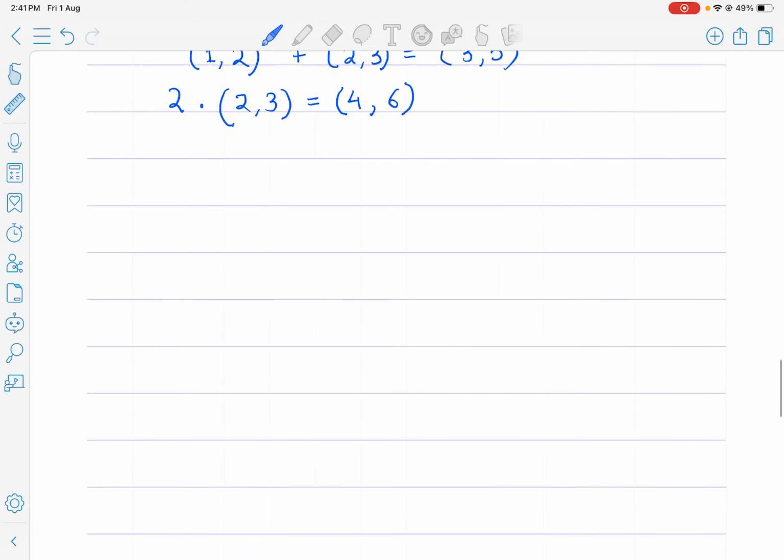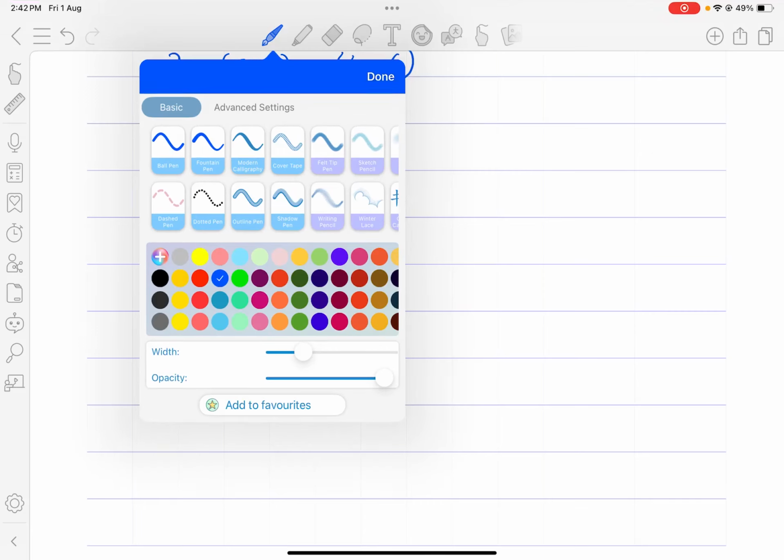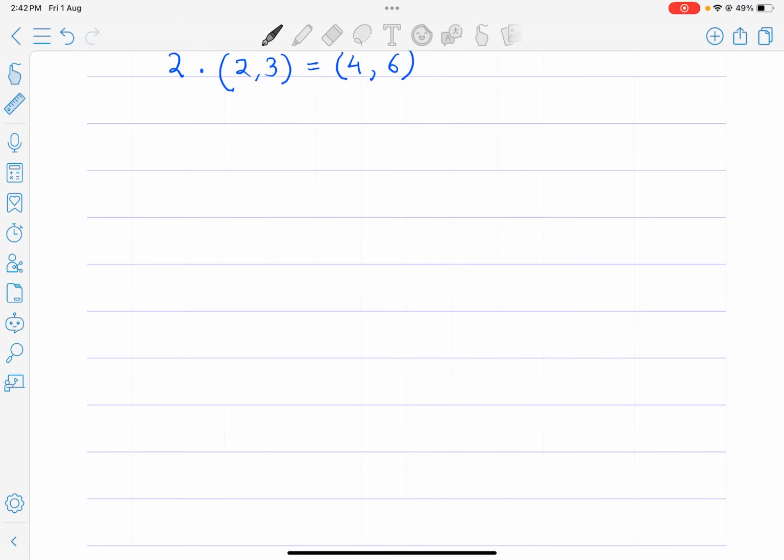Now let's go to example number 2, which is an example of a vector space: polynomials. What are polynomials?